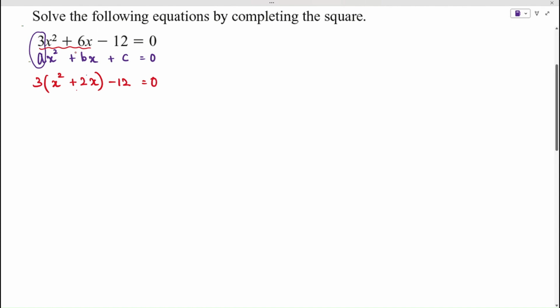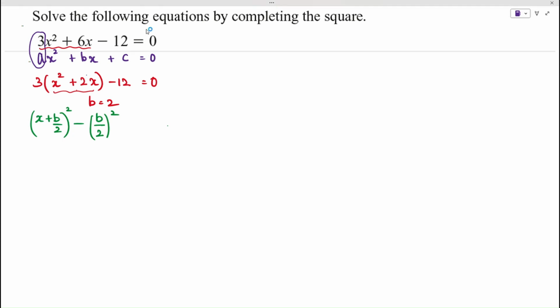Now we can start by completing the square. We can find our value of b as our coefficient of x, and this is 2. We can use our completing the square formula, which is x plus b over 2, the whole squared, minus b over 2, the whole squared.